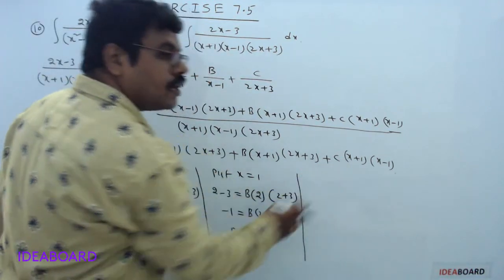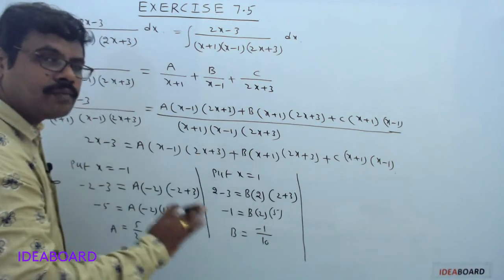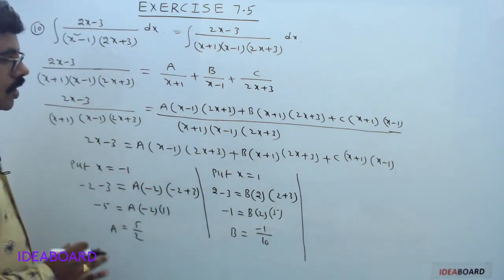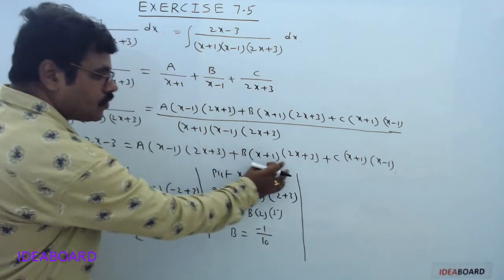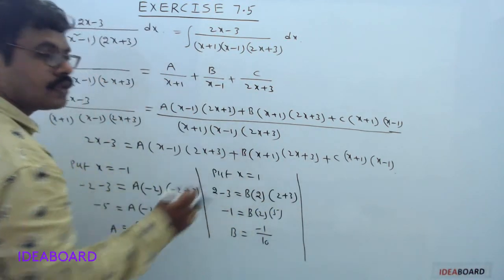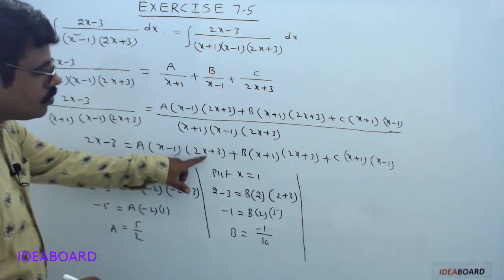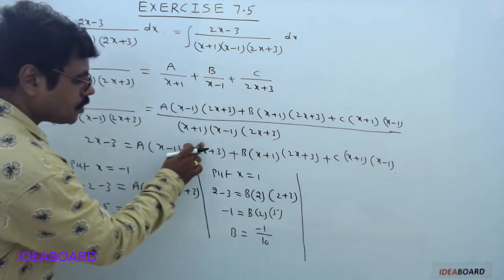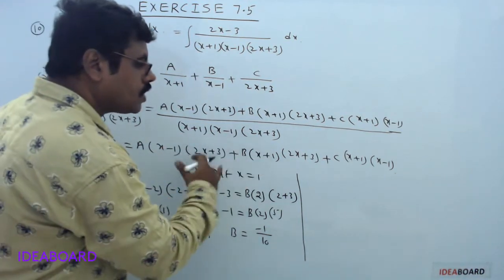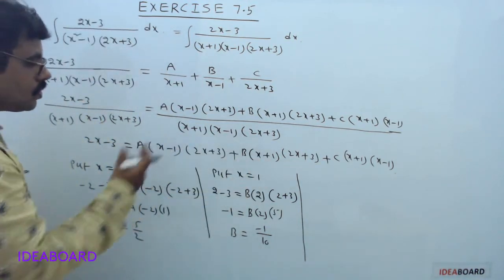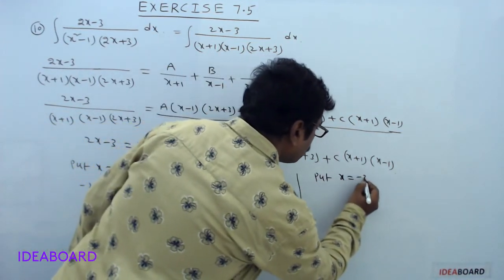To find the value of c, make the first and second terms 0 simultaneously. Observe that 2x plus 3 is the common factor for the first and second terms. So by substituting x equal to minus 3 by 2, the first and second terms will be 0. So write down x equal to minus 3 by 2.